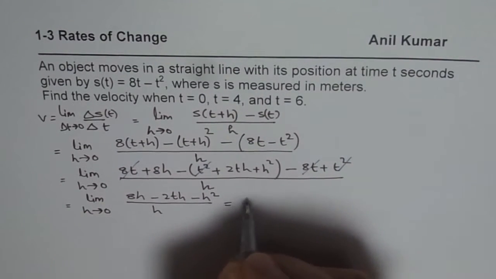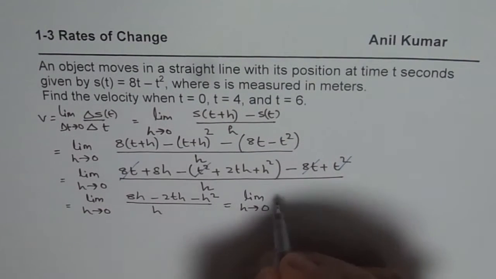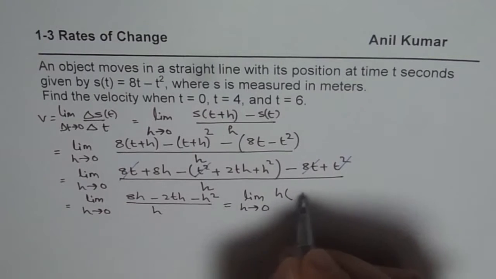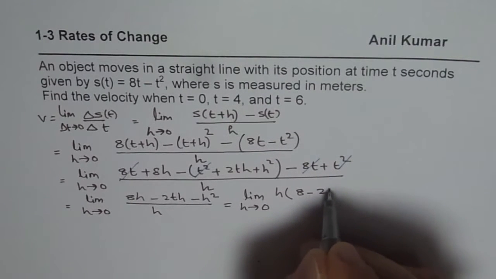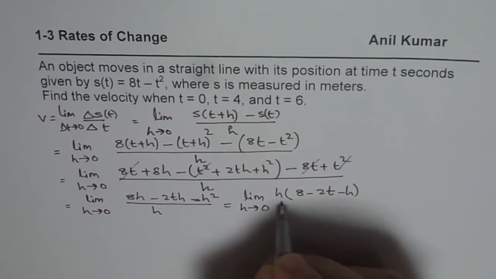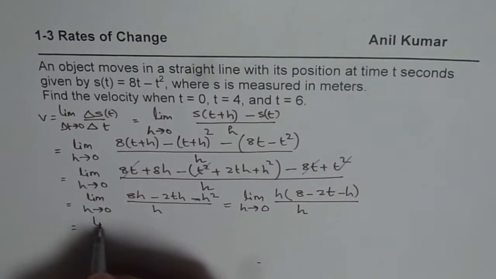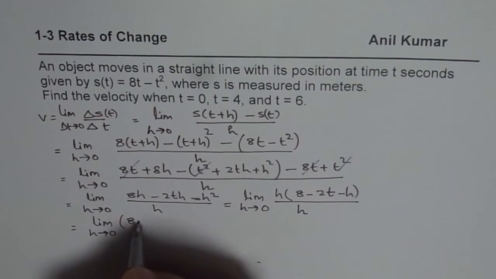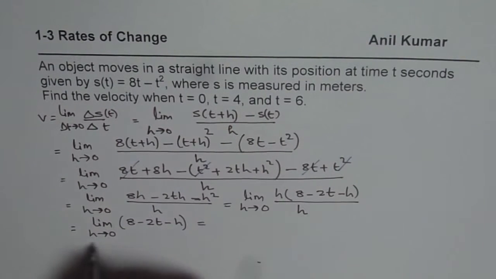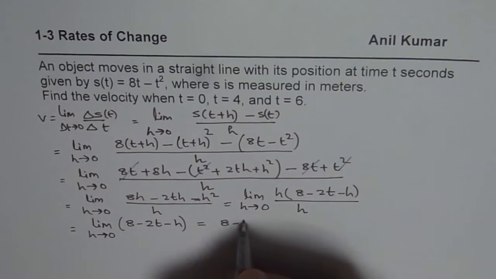Taking h common, we get (8 − 2t − h) over h, so h and h cancel. We are left with the limit as h approaches 0 of 8 − 2t − h. Substituting h = 0, the limit is 8 − 2t.